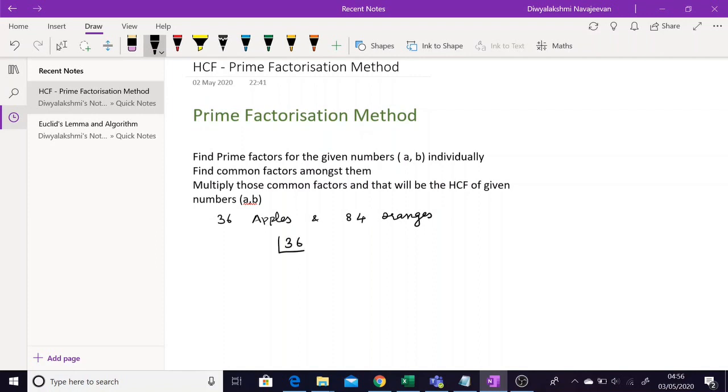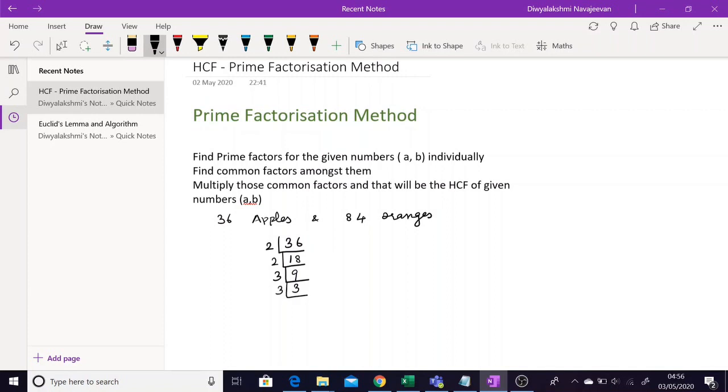The least possible prime factor is 2. Dividing 36 by 2 gives 18. Now again, the least possible prime factor is 2. Dividing 18 by 2 gives 9. Now the least possible prime factor is 3. Dividing 9 by 3 gives 3, and so on.